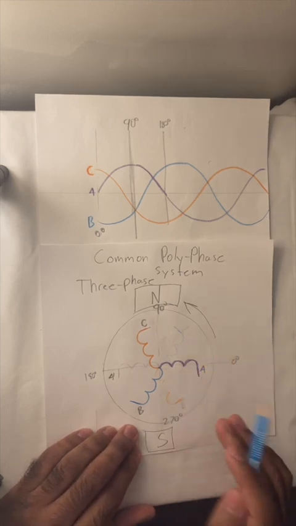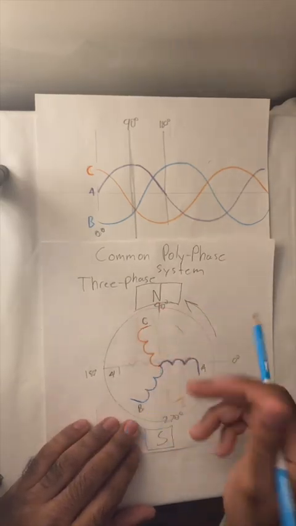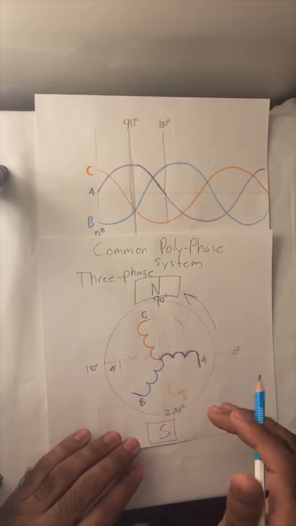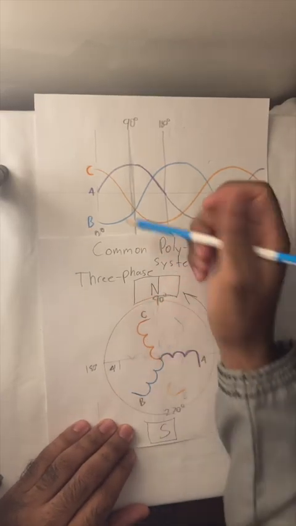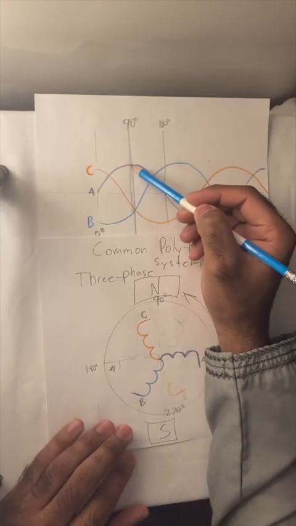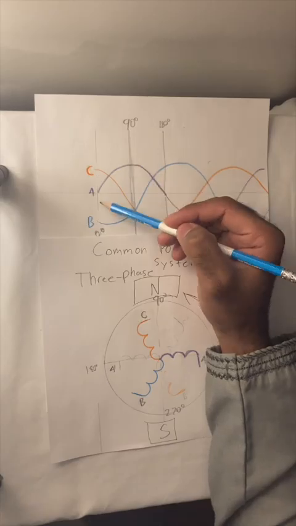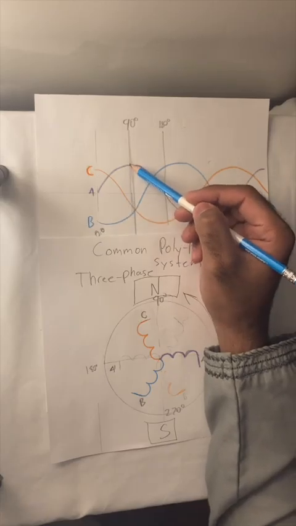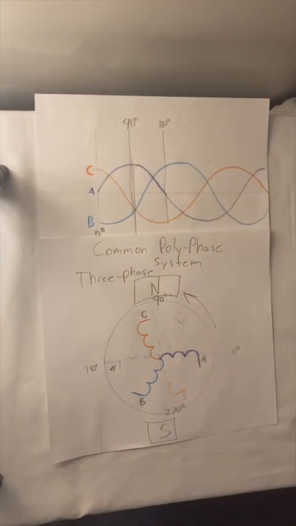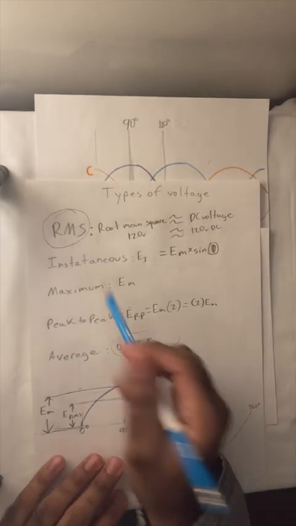So as A continues on spinning in this direction, the direction of the arrow, counterclockwise direction, as it approaches 90 degrees, it increases from 0 up to 90 degrees, and this will be its maximum. So this is the EM, the E maximum. But we are concerning ourselves, as we mentioned previously, with the instantaneous voltages.